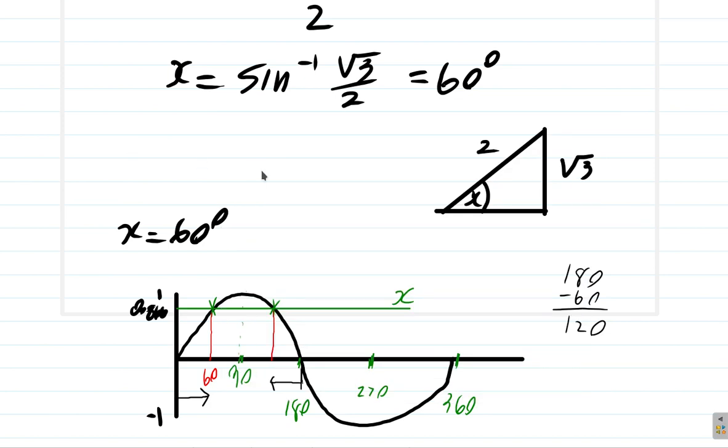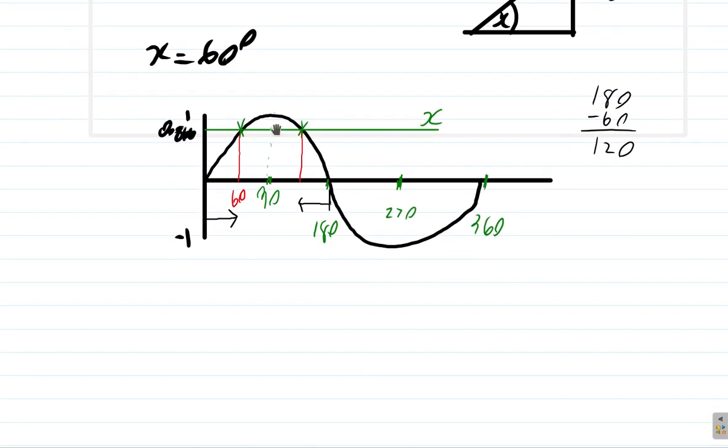So now we're sure. So the two values of x are x equals 60 degrees and 120 degrees. So that's using the sine wave.